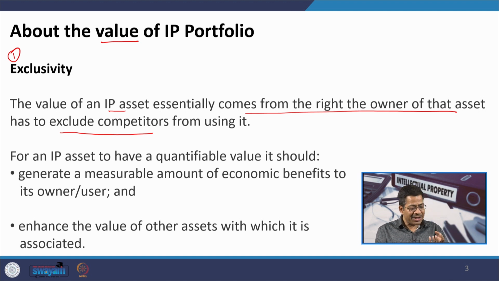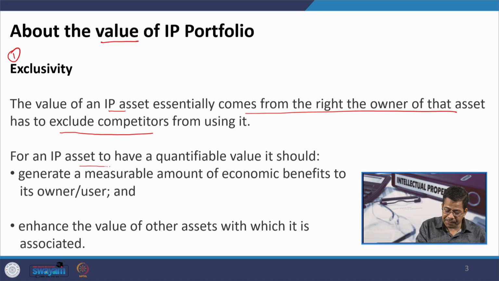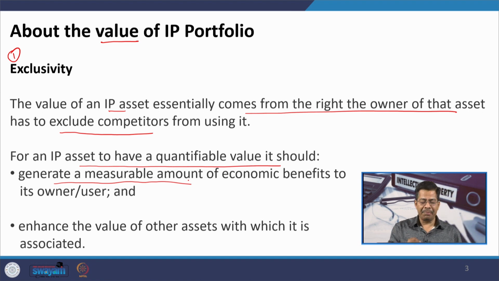So, this is the exclusivity, and because of this exclusivity, an IP asset has a quantifiable value: it is going to generate a measurable income, that is the economic benefit, and it enhances the value of other assets with which it is associated.